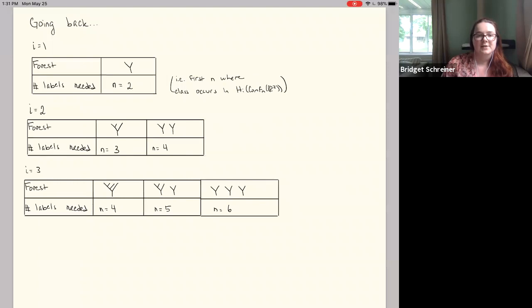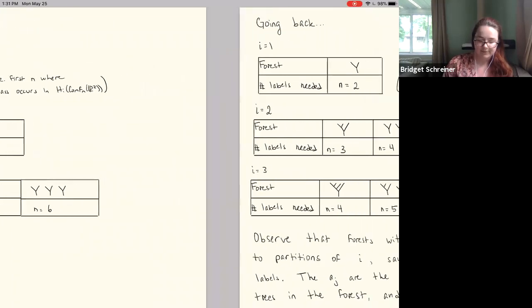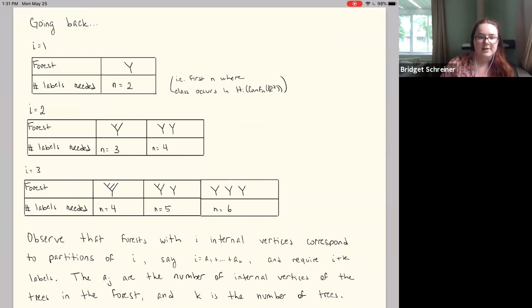If we go back to our model for the ith homology and look at each of these forests, we can see that a forest with i internal vertices corresponds to a partition of i into k pieces, and a partition of i into k pieces requires i plus k labels, where these elements a_j are the number of internal vertices of the trees in the forest.